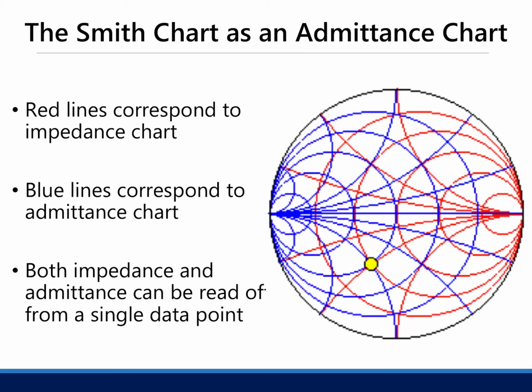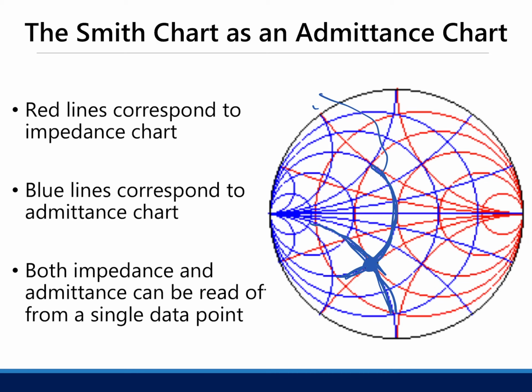So to have an admittance chart, we get something like this, and the admittance can be read at any point. If you have this point right here, this is a constant susceptance circle, and this is a constant conductance circle.